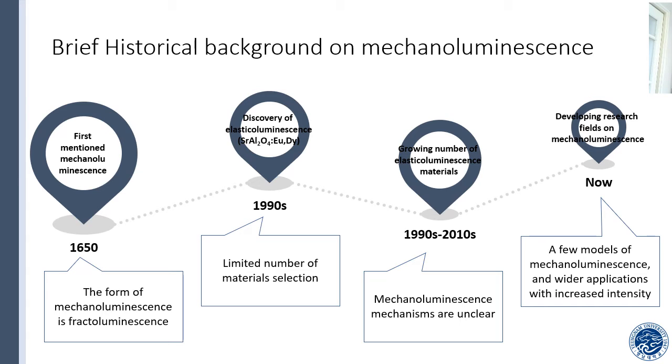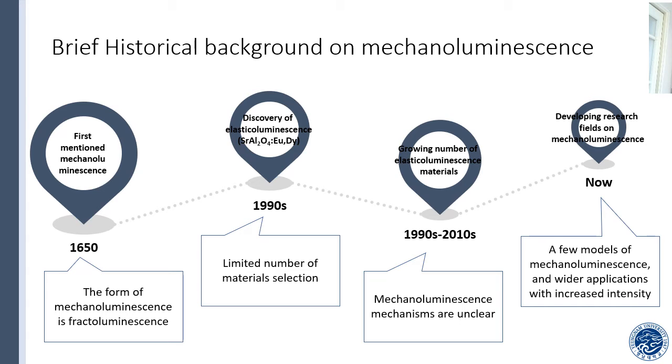The research and also applications grew. The research shows that there is a growing number of different materials that researchers have found that also possess this elastoluminescence, which we can utilize for much better applications.